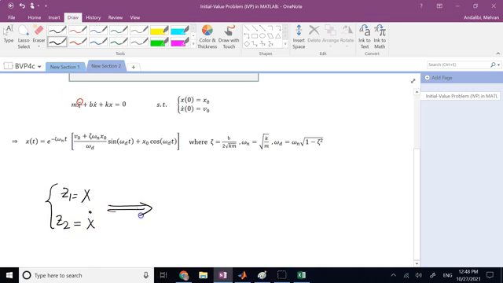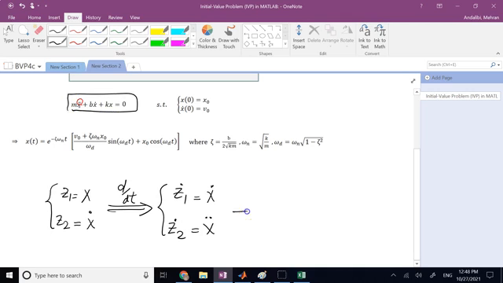And then you take time derivative from both sides of this, and that makes z1 dot to be x dot, but x dot is z2, and z2 dot to be x double dot, and x double dot, you find it from this equation. So from here, your z1 dot is going to be z2, because z2 is x dot, and z2 dot is going to be what?